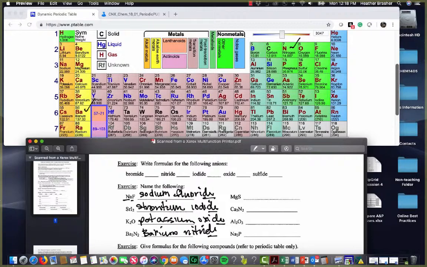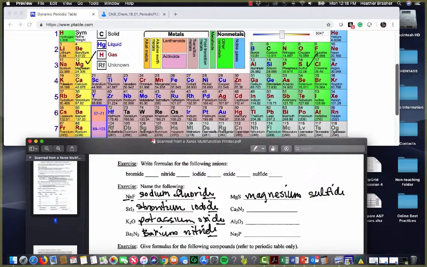MgS, so here's the Mg, which is magnesium, and the S is sulfur, so magnesium, what?